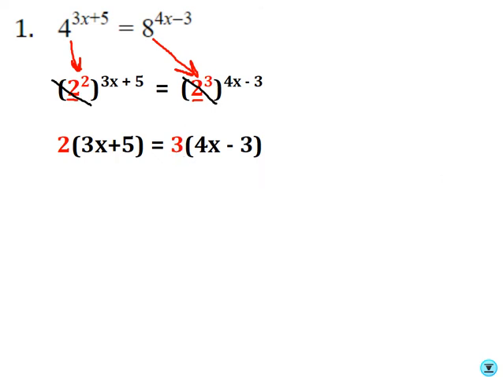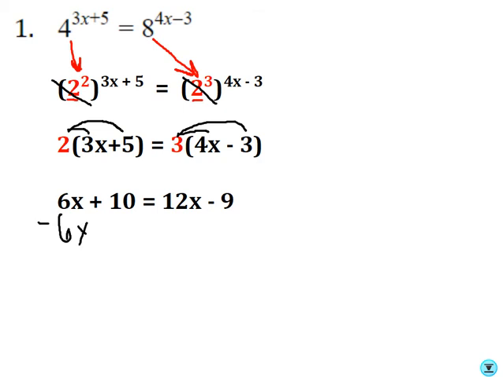Now we can distribute on both sides. 6x plus 10 equals 12x minus 9, and then we can continue and solve our problem. So we are going to subtract 6x from both sides, and I'm going to do it all in one go.